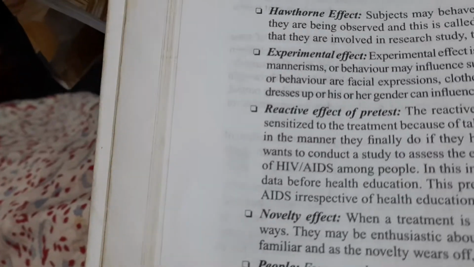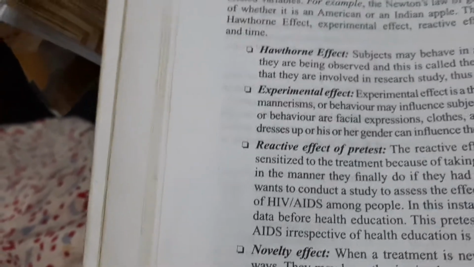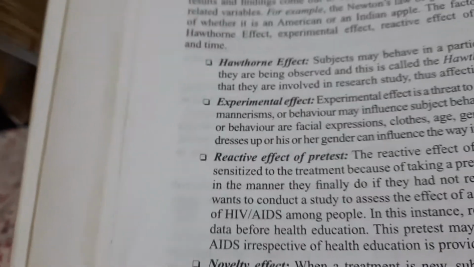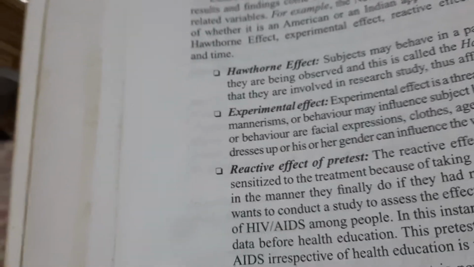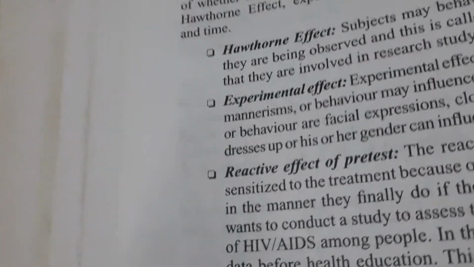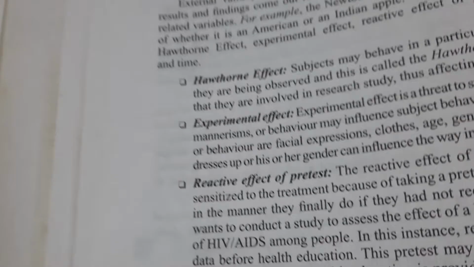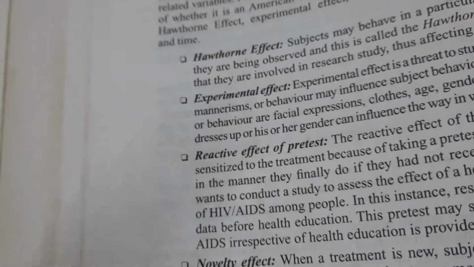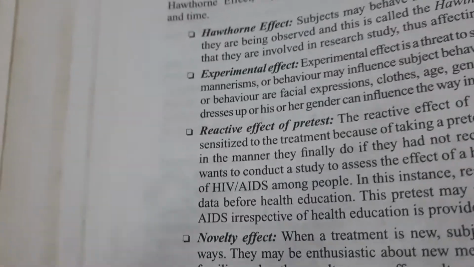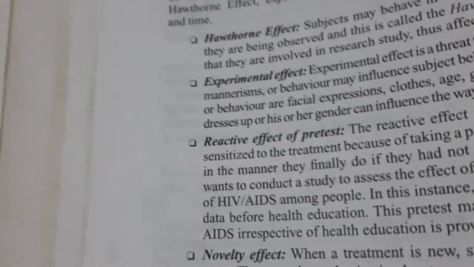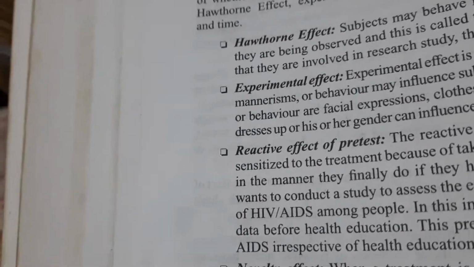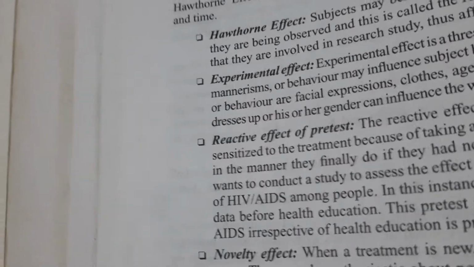Then the next one is the experimental effect. Experimental effect is about the characteristics of the teachers. You may follow the teachers, how they behave, how they wear the sari, how they take the classes. You do some mimicry also, no? Same thing, the teacher is your role model. Though I am not telling it only for teachers, it is an example for experimental design.